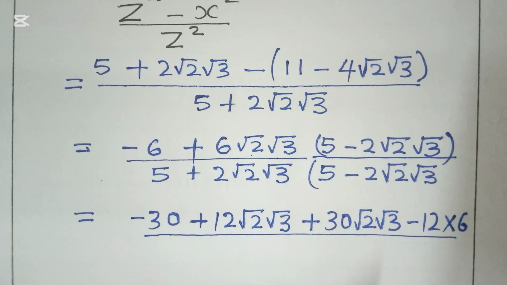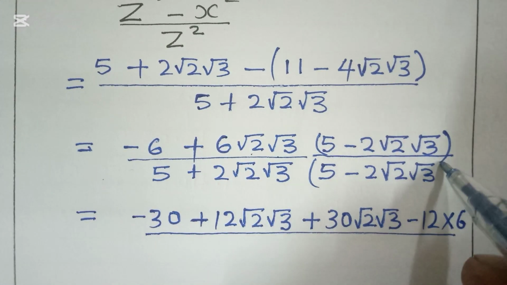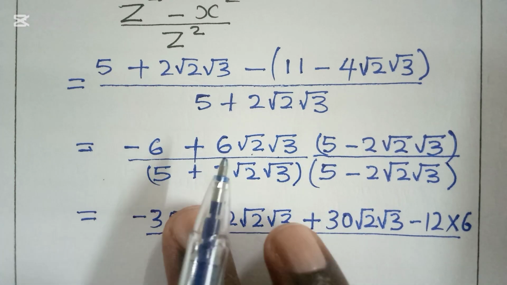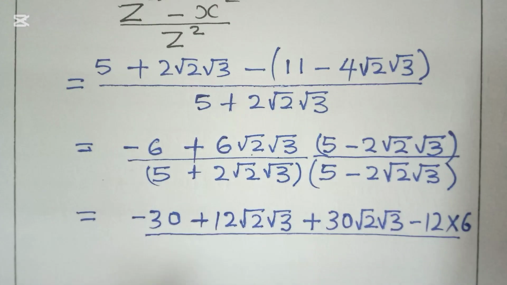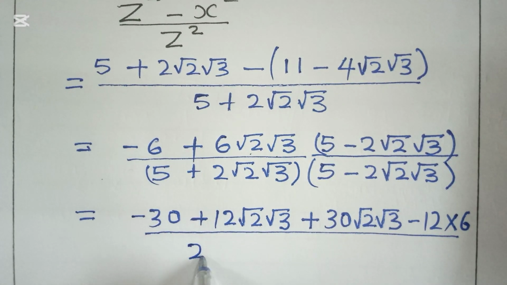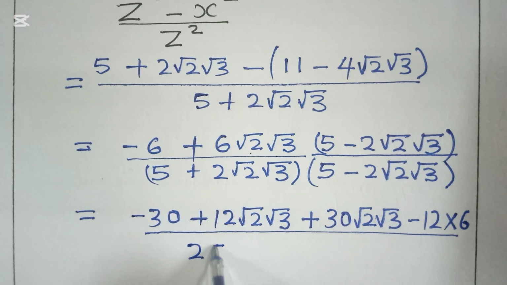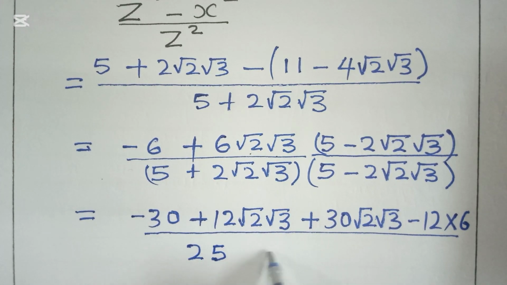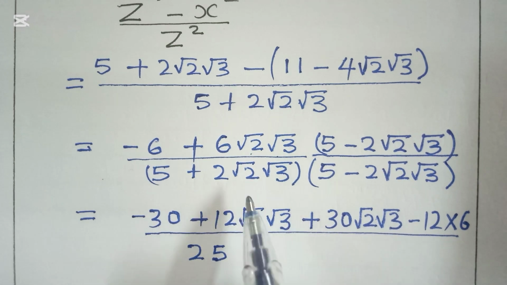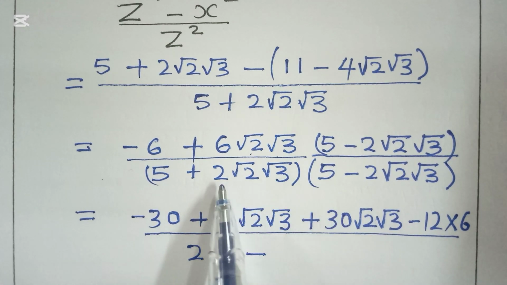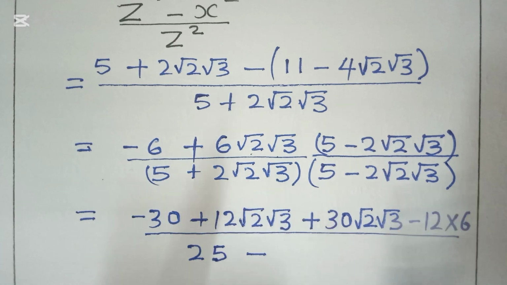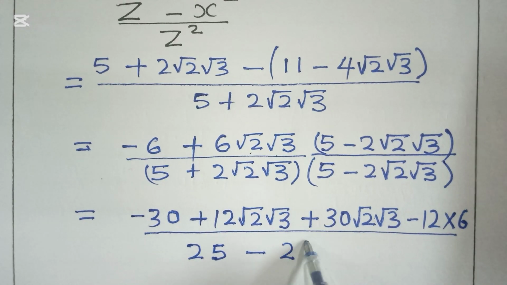Now guys, we write this. This one gives us the difference of two squares when we now evaluate it. So we shall have 25 minus, this is going to be 4 times 2, which is 8, times 3, which is 24.